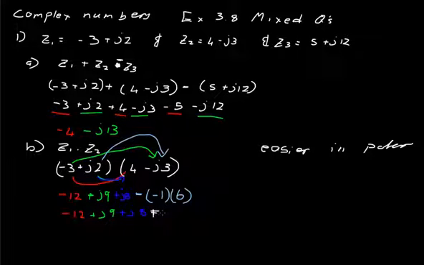Now we just add our real and imaginary parts. Starting with the real parts, minus 12 plus 6 is minus 6, and j9 plus j8 is plus j17. And there we have our answer for part B.